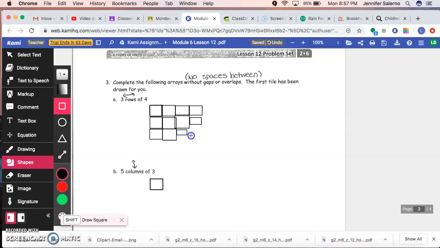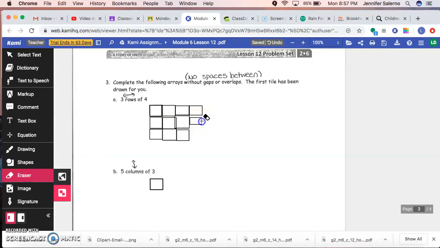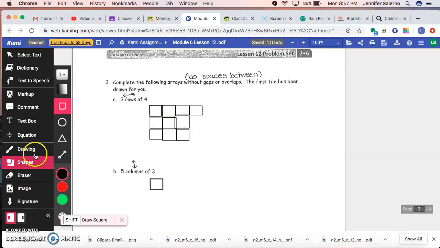And then you're just going to make sure that everything is there. 3 rows, 4 in each.